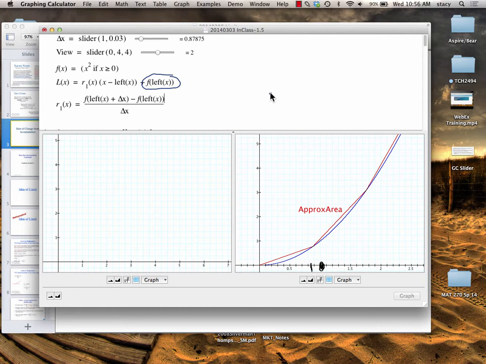So f here is my accumulation function, outputting some bit of accumulation. And then this piece over here is composed of a rate times a little bit of change in x. So when you get a rate times a little bit of change in x, that gives you what kind of thing?